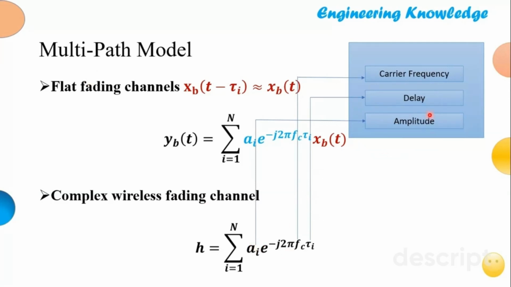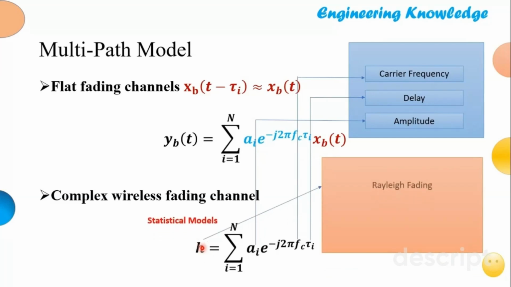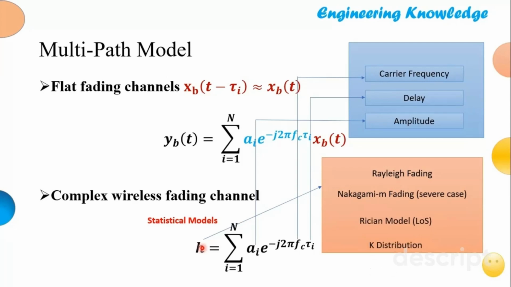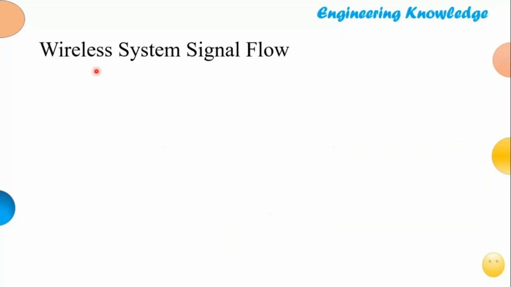In order to model this narrowband channel, we use statistical models like the Rayleigh fading channel, and the Nakagami fading channel can be used. For severe fading, we can use the Rician model with line of sight, or a K distribution can also be used. There are multiple other statistical models that can represent the multipath fading of a wireless communication system.